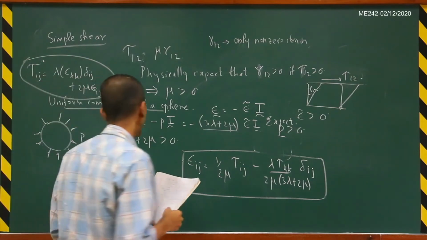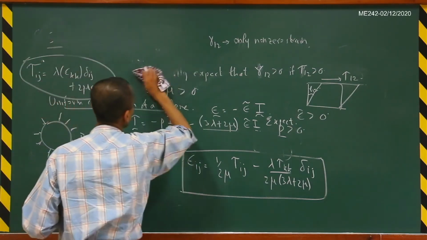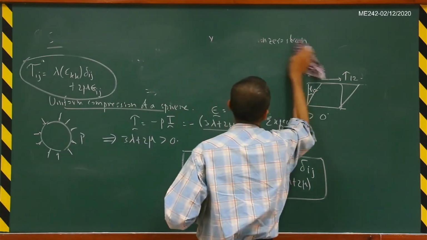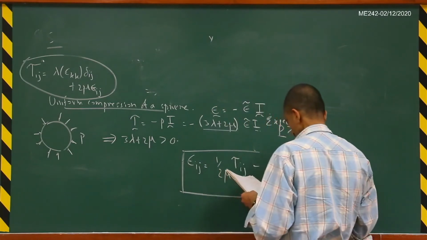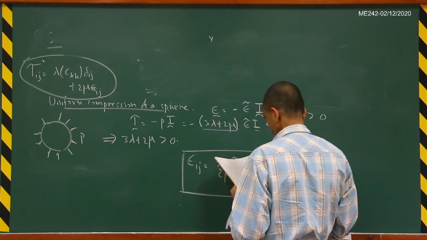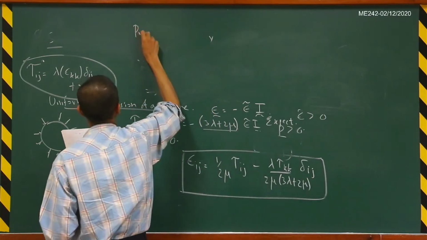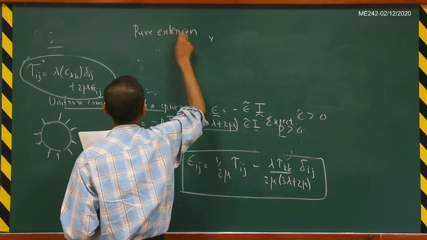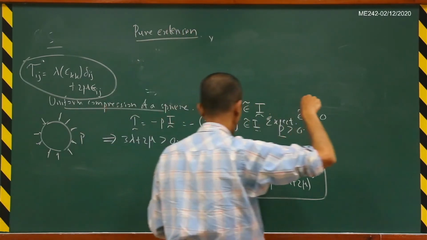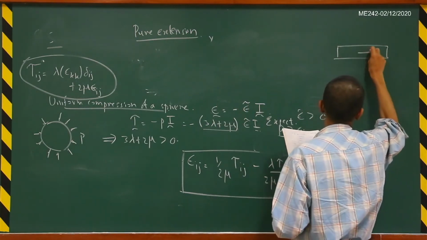So that we have again considered in the chapter on kinematics. So let us again go over that again. Right. So suppose I have now a bar under unidirectional extension, so pure extension. So this is our bar, and let us call this the one direction.